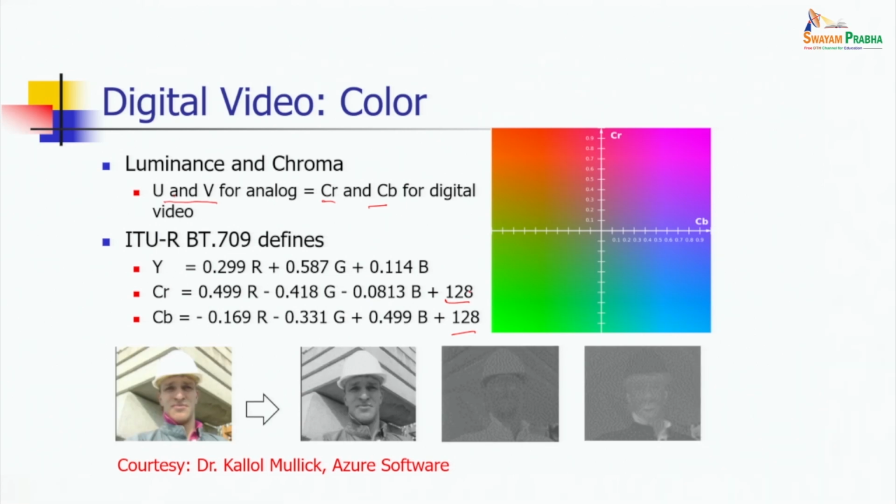So this is an example of the same color frame where this is the luminance part and these are the two chroma parts, that means Cr, complementary red, and Cb, complementary blue. Just an example which has been shown here.